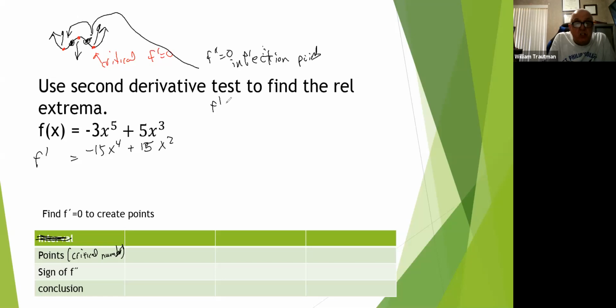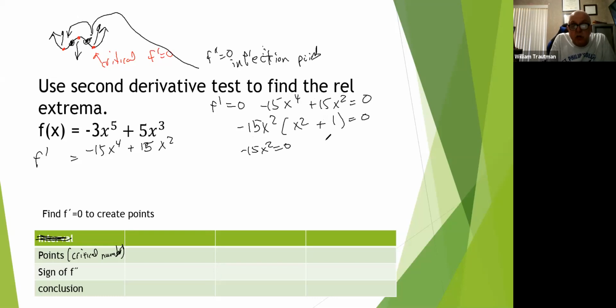Set the first derivative equal to 0: negative 15x to the fourth plus 15x squared equals 0. I'm going to factor a negative 15x squared out of here. Oh, by the way, I don't know if you noticed that error I made.